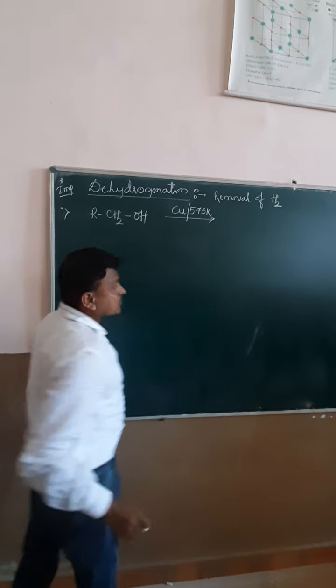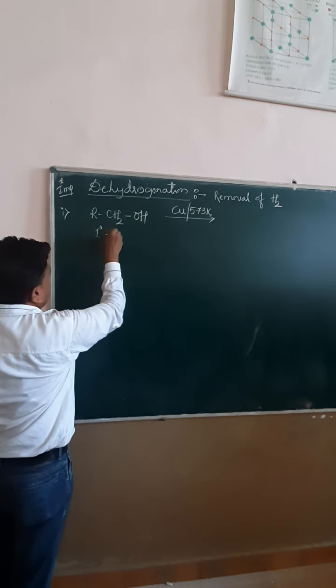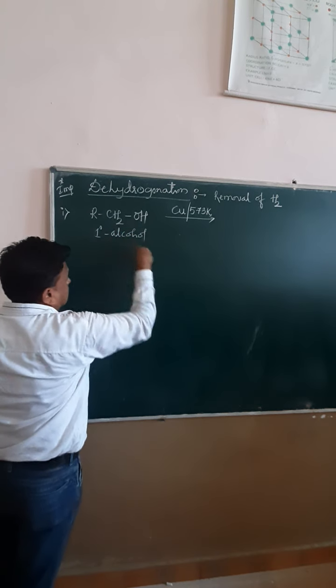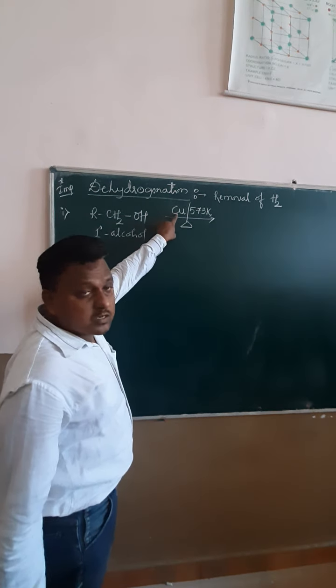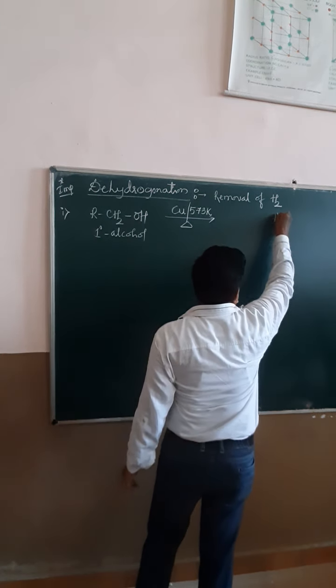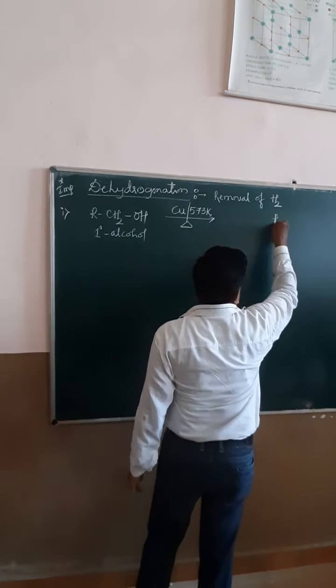When a primary alcohol is heated at 573 with copper, which helps to remove the hydrogen, hydrogen gas is removed. What is left behind is RCHO, R-C double bond O-H, which we call an aldehyde.